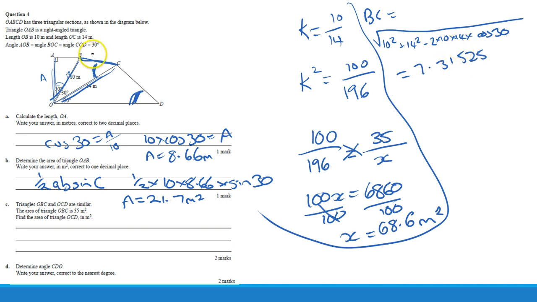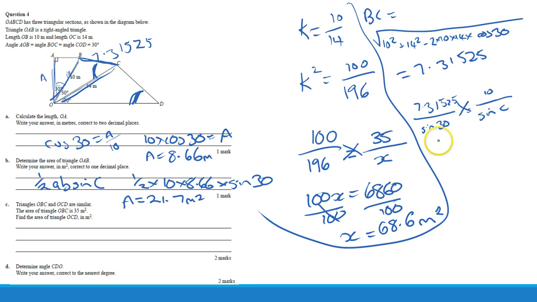Now that I have that length, 7.31525, I can use the sine rule. So 7.31525 over sine 30 equals 10 over sine C.